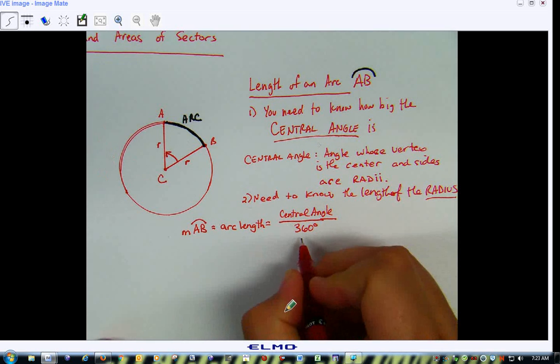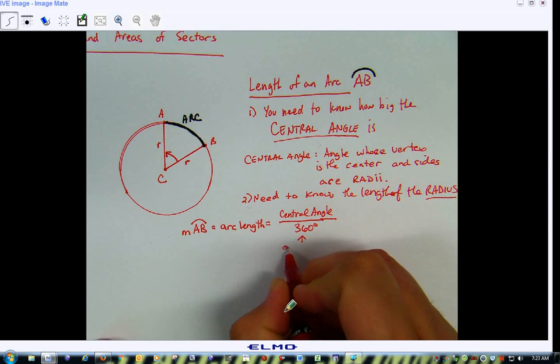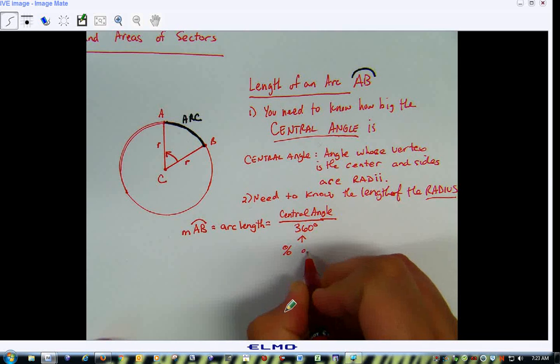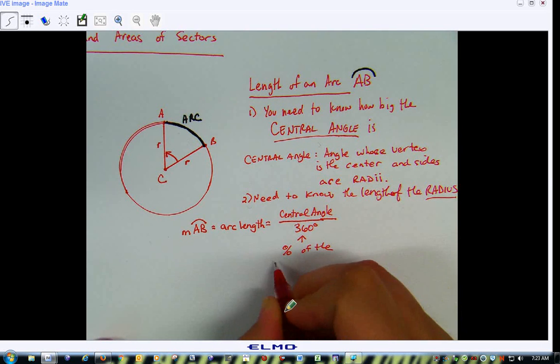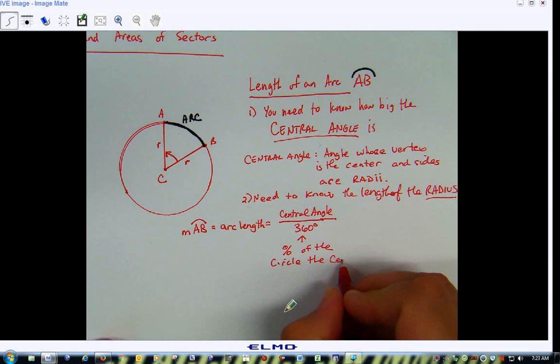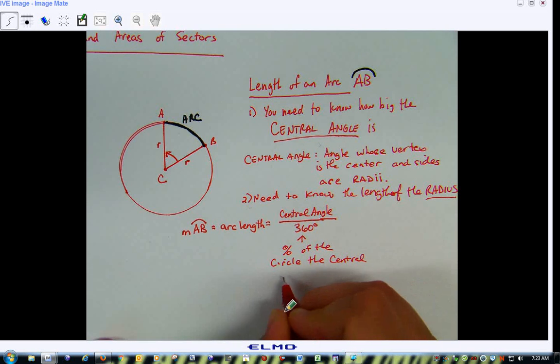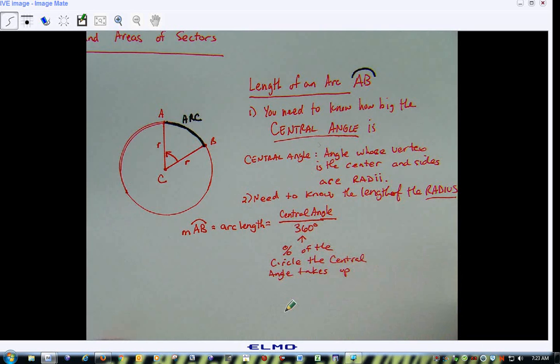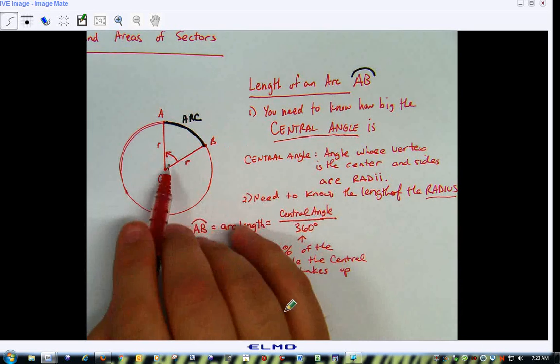This is going to give you a percentage of the circle the central angle takes up. So whatever the measure of this is, it's going to take up a certain amount.